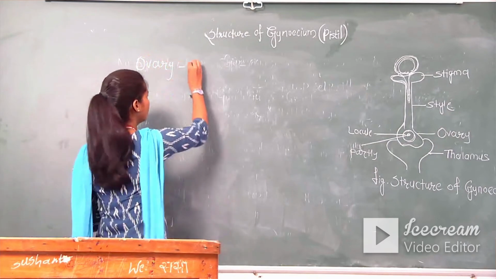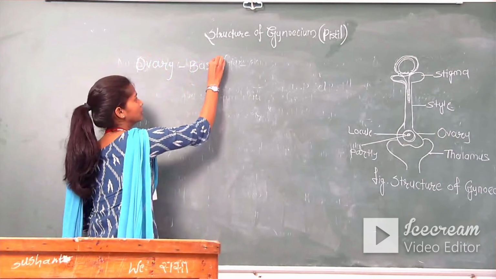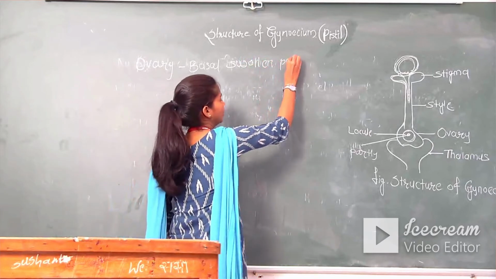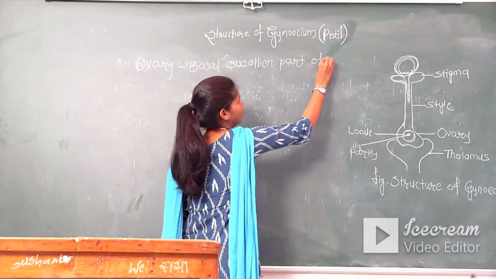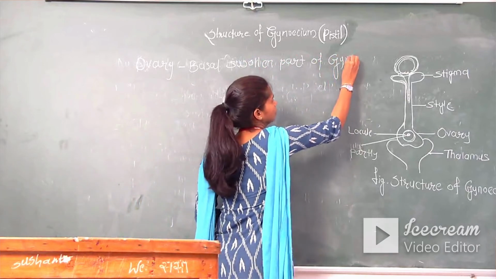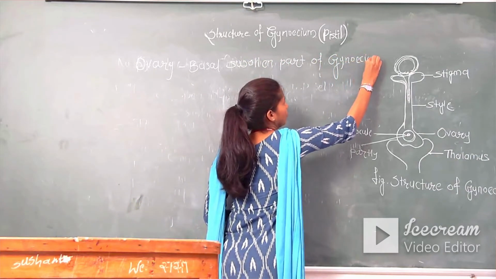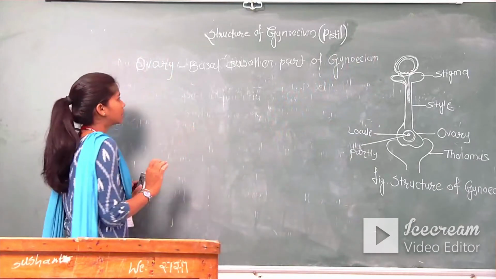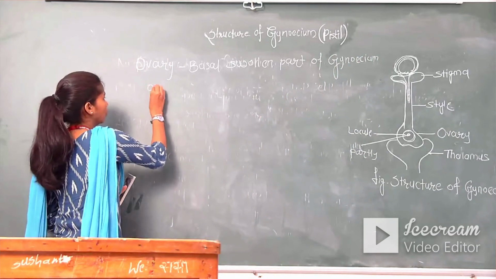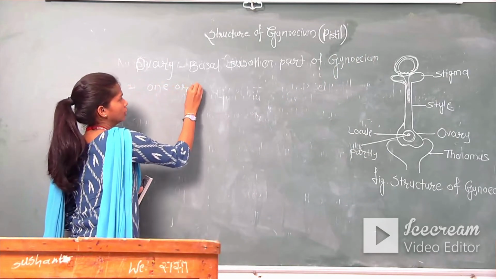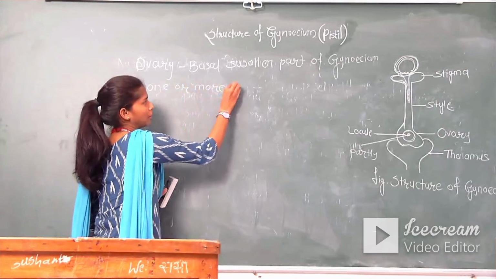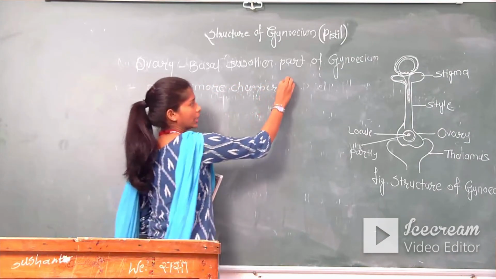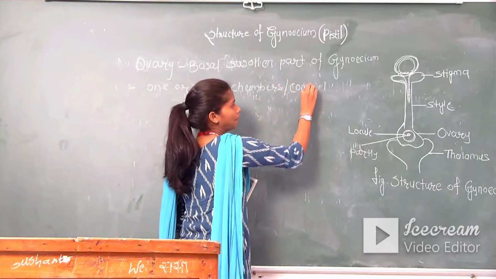It is the basal swollen part of gynoecium and consists of one or more chambers, which we also call compartments.